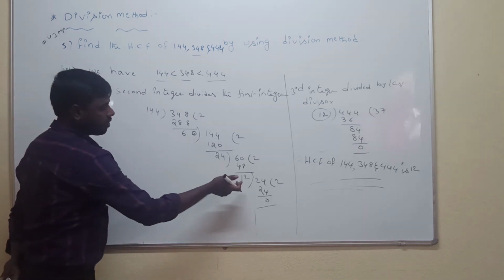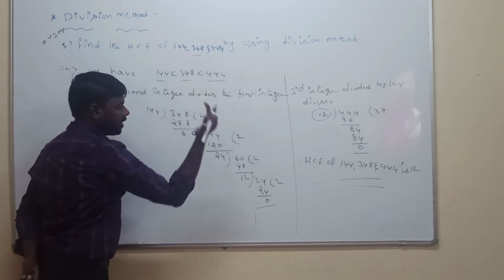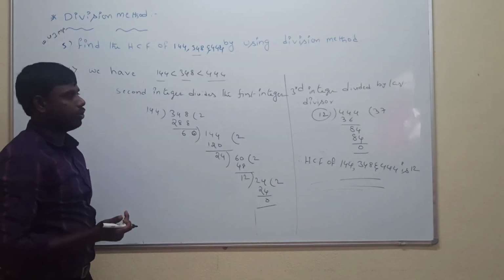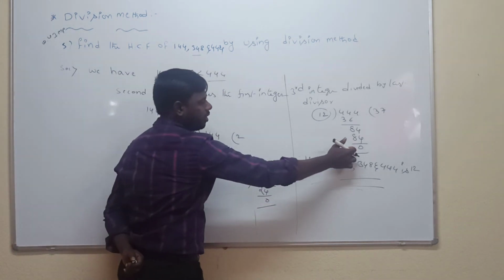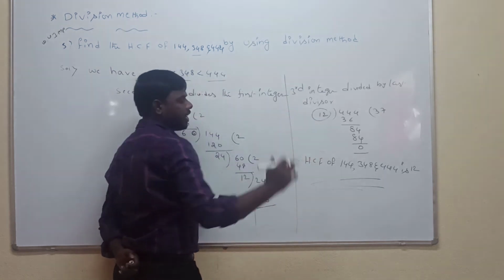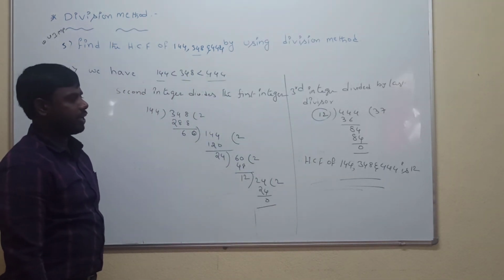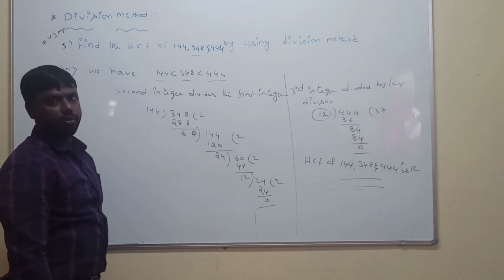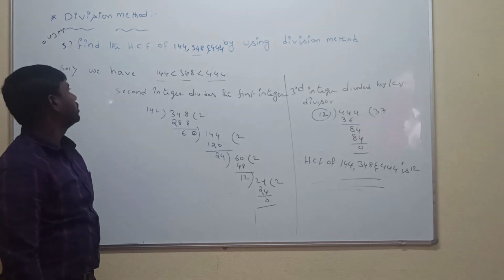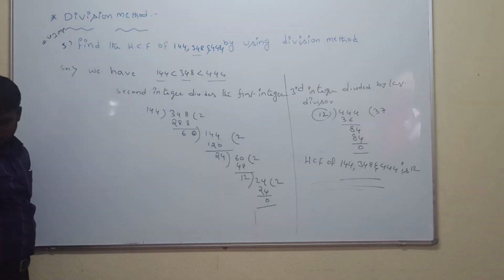Finally, see what last divisor we get, and divide the third integer by the last divisor. The final remainder 0 gives the last divisor, called HCF. The HCF of 144, 348 and 444 is 12. Everyone understood? Is this clear? Very important 6 marks question.